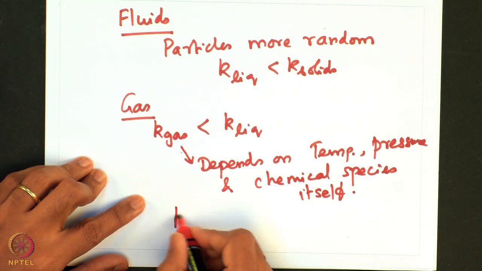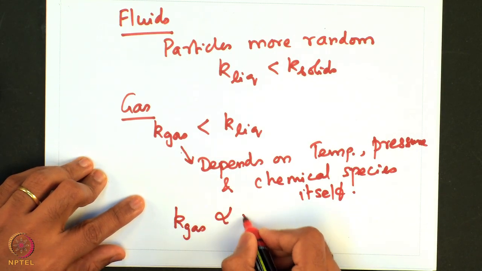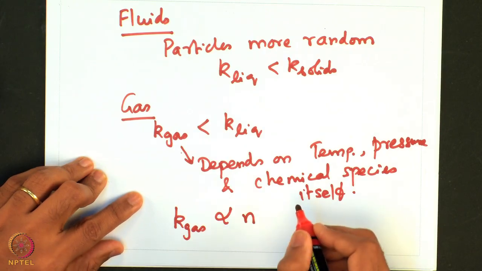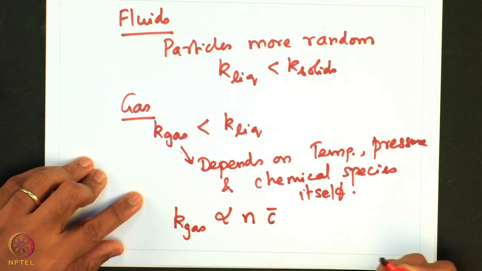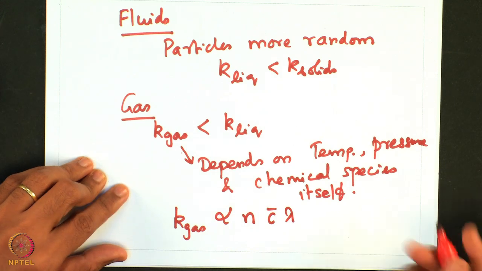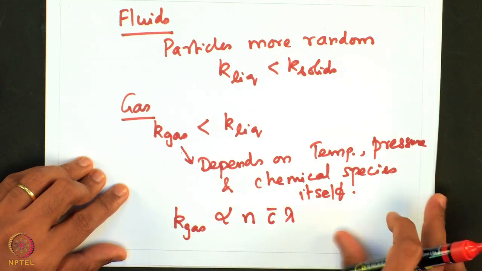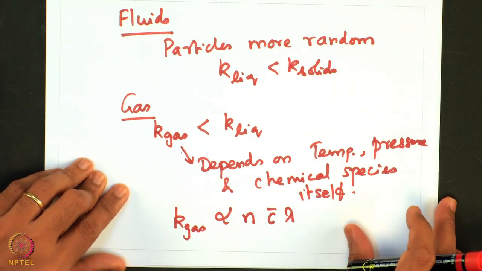The conductivity of the gas is typically proportional to the number of particles per unit volume, the mean molecular speed c bar, and the mean free path lambda. Different gases will have different mean free paths and different molecular speeds. As a result, different gases will have different conductivity.